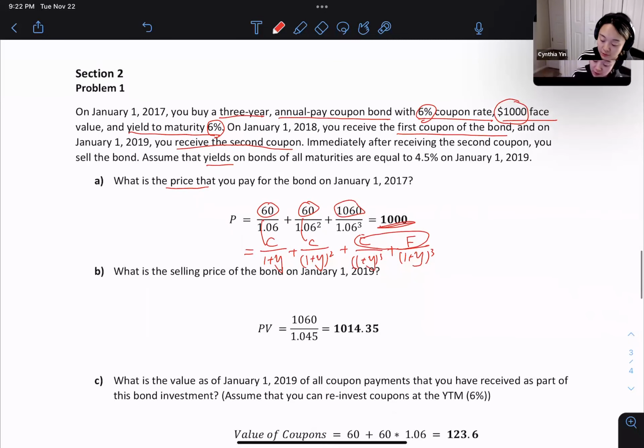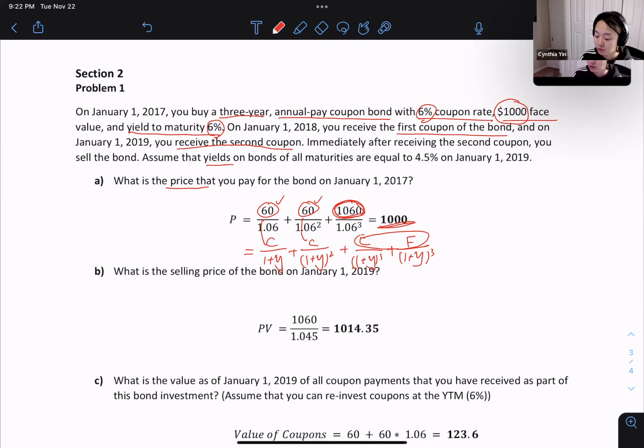What is the selling price of the bond on January 1st, 2019? On January 1st, 2019, after you receive the coupon, you only have one principal and one coupon at the same date, the maturity date. So you only expect 1 year later to receive $1,060, because you already collected the first two $60 coupons.